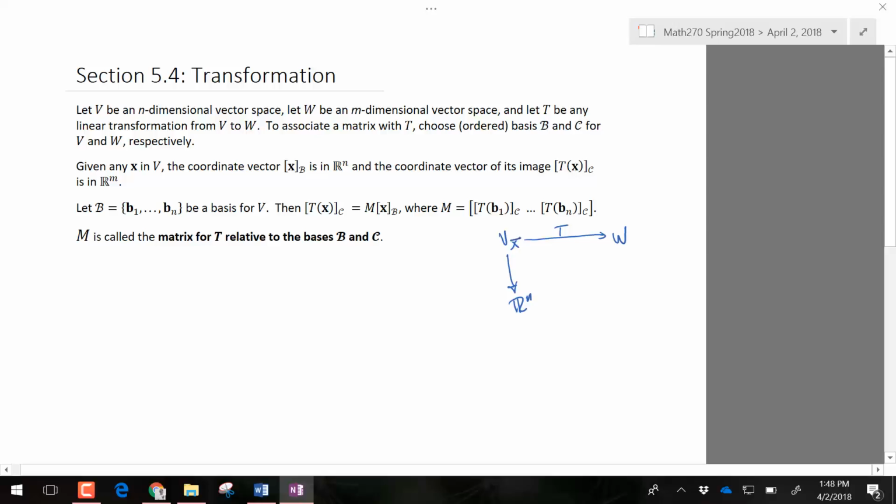So your X vector here will become this X sub B, which is going to be in Rn. And then there is a corresponding image over here, where the image is going to be T of X. It gets brought down there.